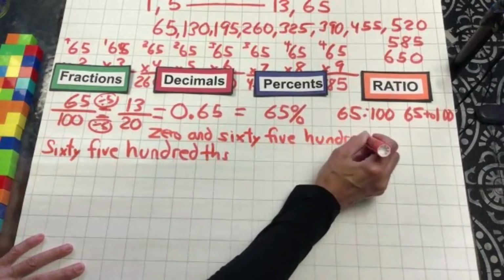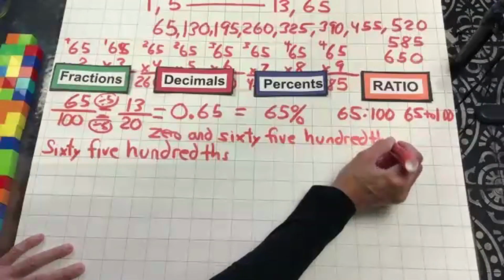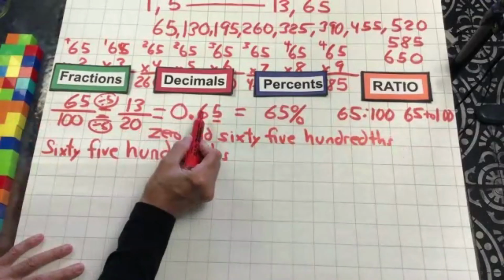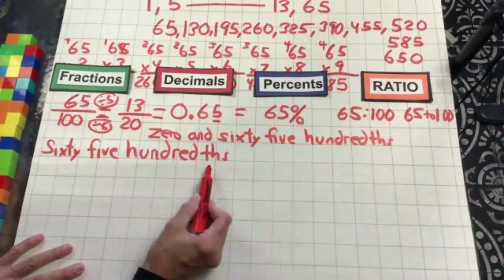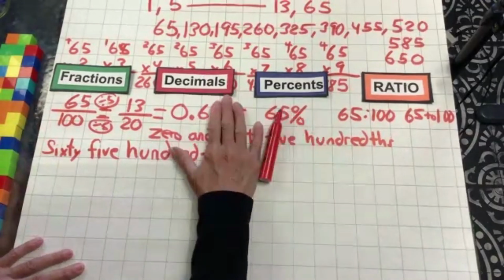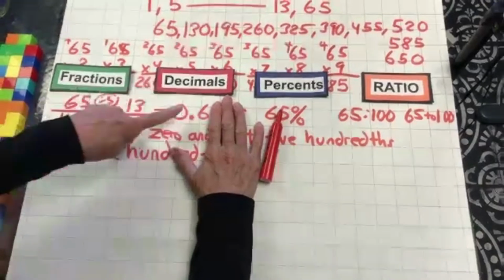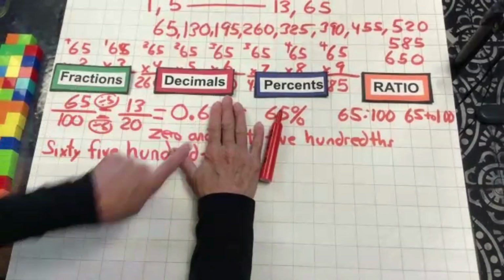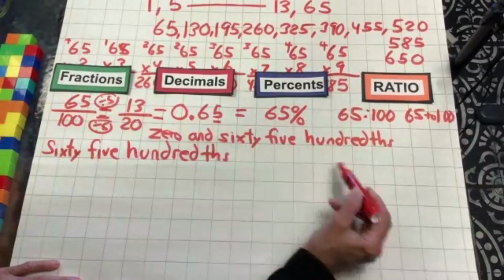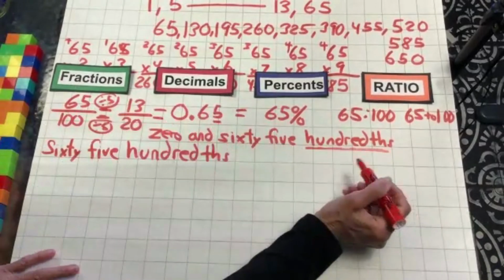And when we're doing decimal, the last digit is where we stop. So this would be 0 and 65, and we know that's hundredths. If there was no 5, we're ending in the tenths place. That would be 0 and 6/10. So wherever we end, that's the word we're going to use for what that is.